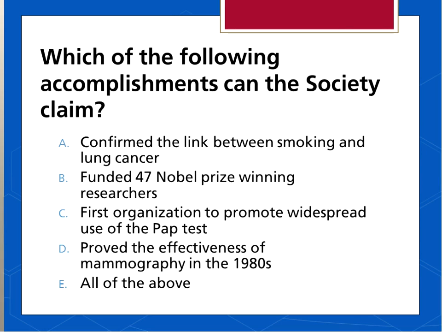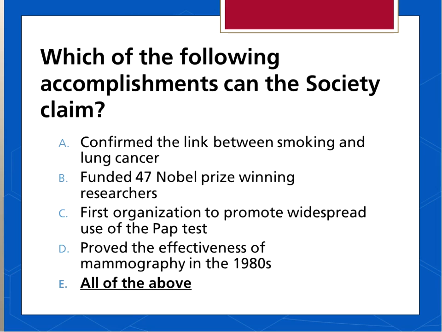D, proved the effectiveness of mammography back in the 1980s. Or E, all of the above. Which one of these accomplishments can the American Cancer Society claim? And looking for your final answer in 3, 2, 1.